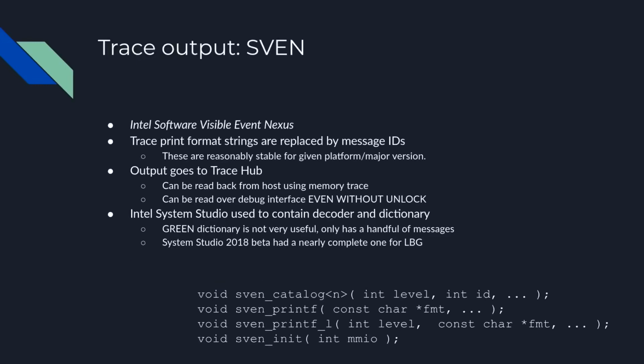But then there's also their own tracing solution, Sven. That's what Intel calls it. That name is in all the development tools that you can download from their site. And basically, they don't include format strings for a lot of the stuff. They just have a 32-bit identifier that is sent over the debug port, and it refers to a format string in a dictionary that you don't have. There's one of the dictionaries for a server chipset floating around the internet, but even that is incomplete.